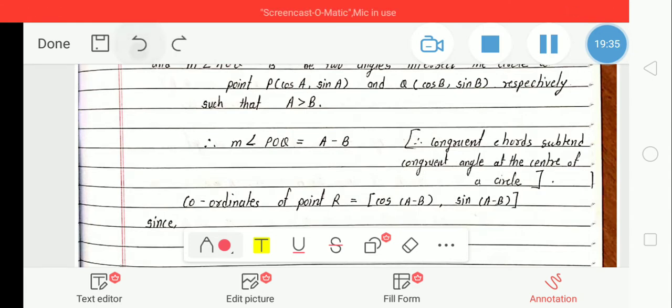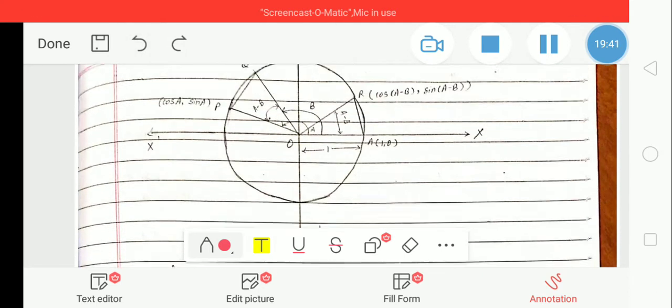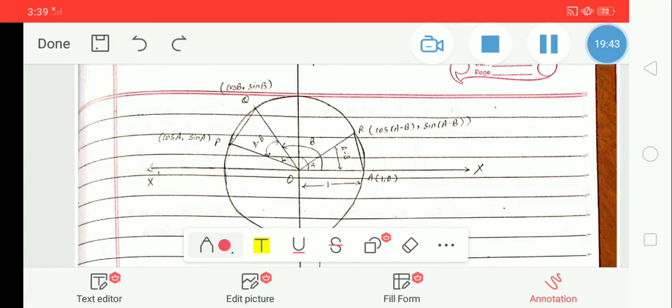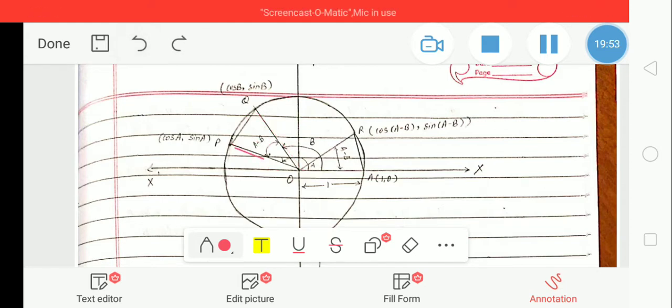So measure of angle POQ is equal to A minus B. हमको ये एंगल चाहिए. सो हम क्या करेंगे, बड़े वाला में से छोटा माइनस करेंगे तो हमको ये वैल्यू मिलेगा. मीन्स दिस एंगल माइनस दिस एंगल वी गिविंग दिस एंगल, means A minus B we are giving this angle.